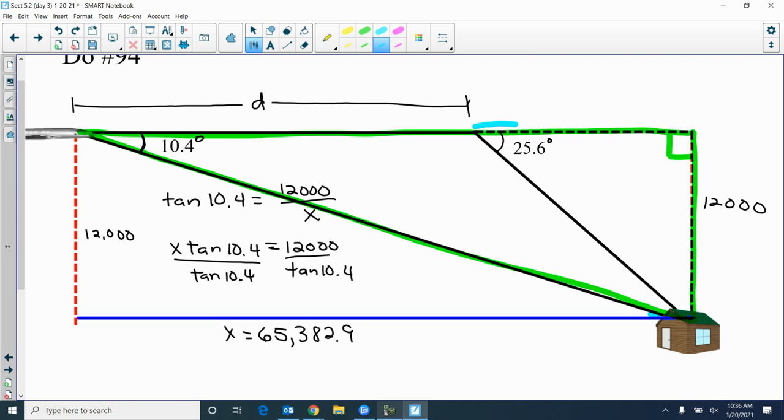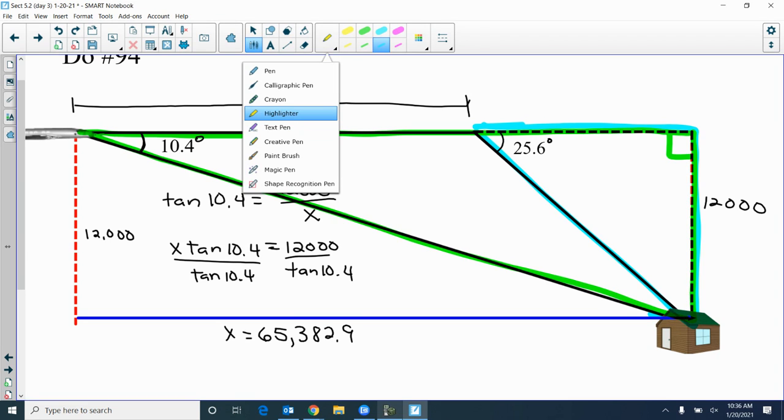Okay, this length right there, which we can find using that right triangle. So you take the whole length minus that piece, and that'll give me that D value. Tyler, how do I set that one up? Same as before, 12,000 divided by tangent of 25.6.